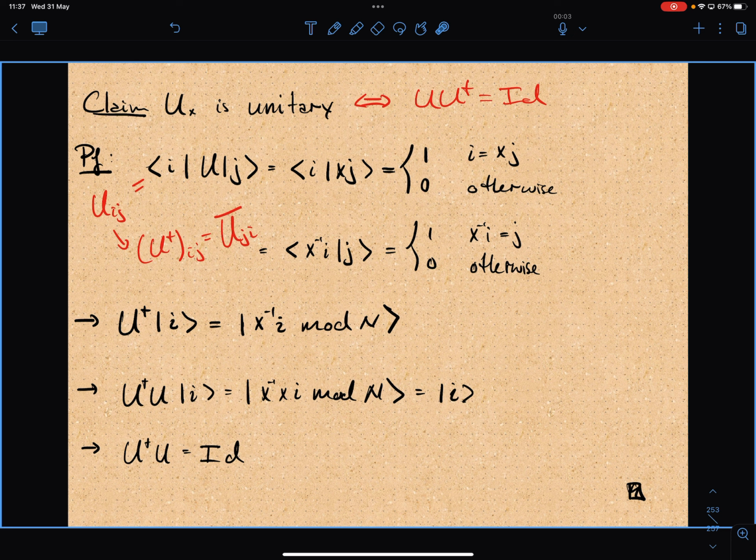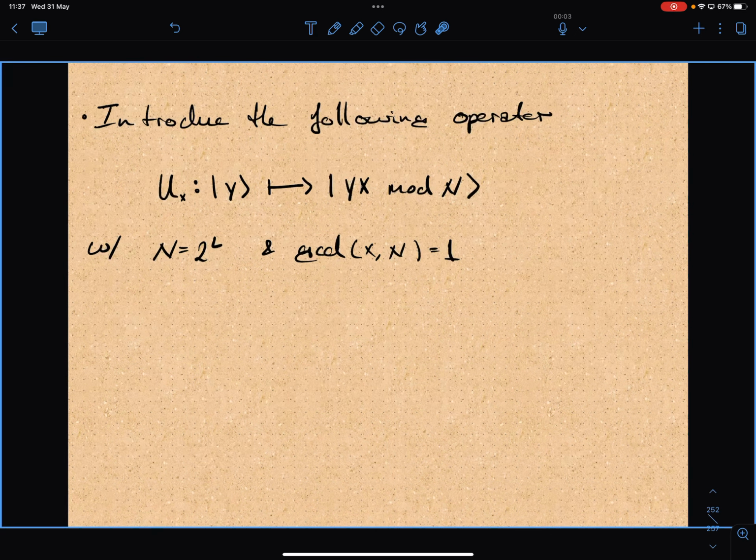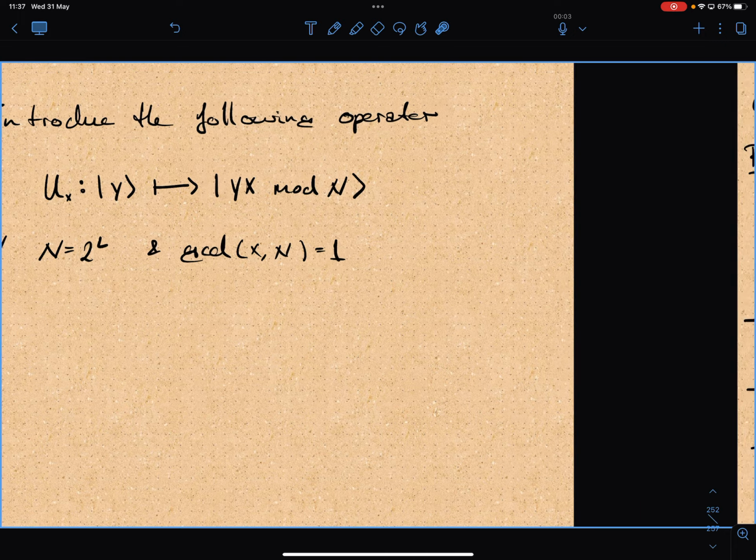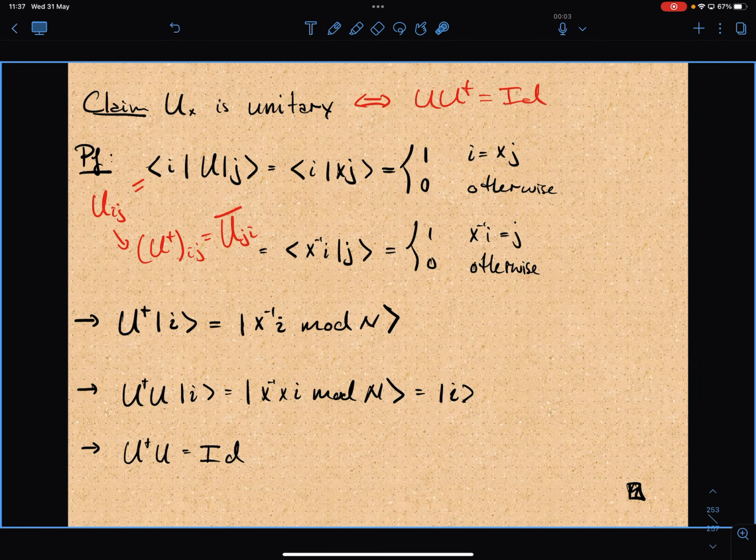Here's the question for everyone. Where did I use the condition that the GCD is equal to 1? Or did I use it?